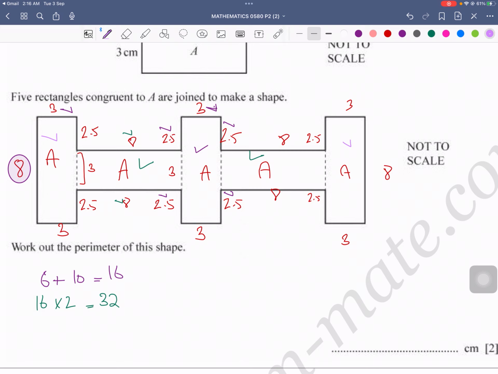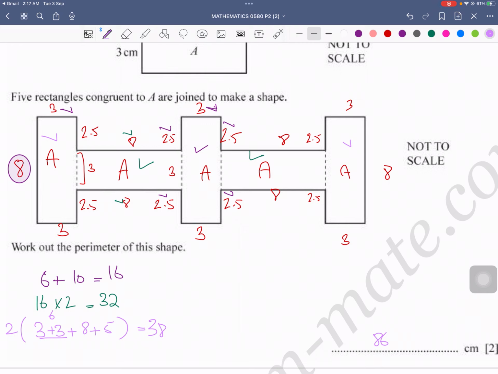Perimeter for each of them is 3 plus 3 plus 8 plus 5, and there are 2 of them. So 6 plus 8 is 14 plus 5 is 19, 19 times 2 is 38, right? So 38 plus 32 plus 16, right? And this is how we get the complete perimeter of the shape, that is 86, right?